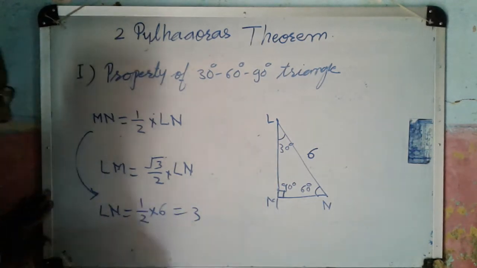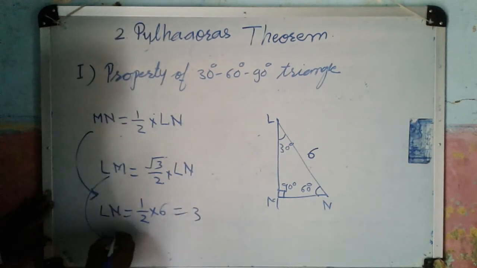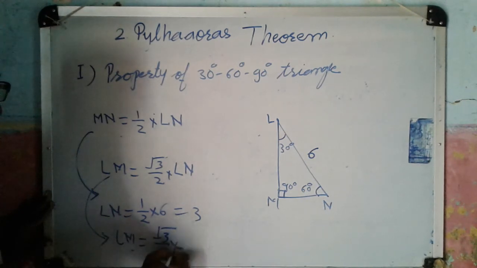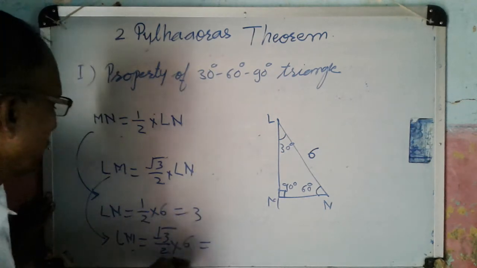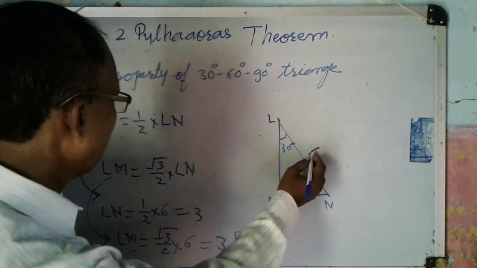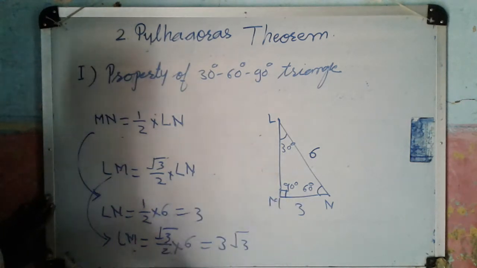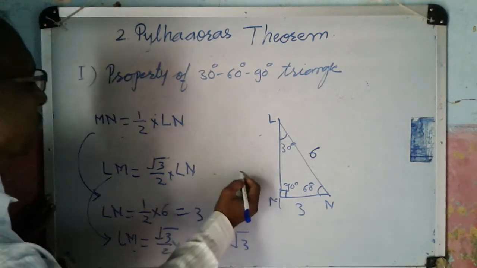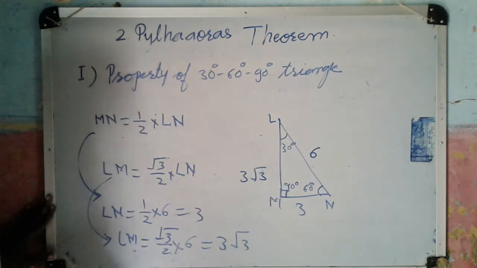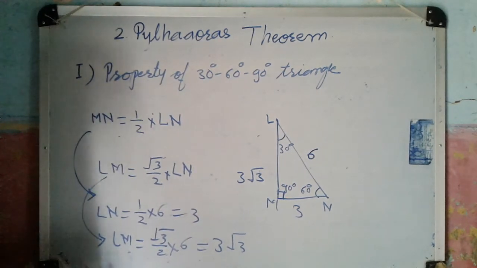And the side opposite to 60 degree is root 3 upon 2 times the hypotenuse, so it is root 3 upon 2 into 6, which is equal to 3 root 3. So we get half of the hypotenuse, that is 3, and the side opposite to 60 degree is 3 root 3. This is the first property of the 30 degree, 60 degree and 90 degree triangle.